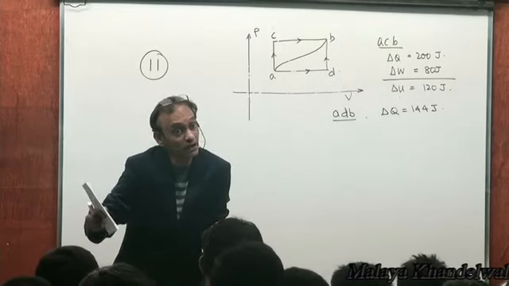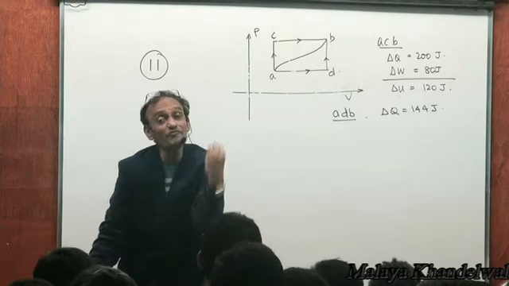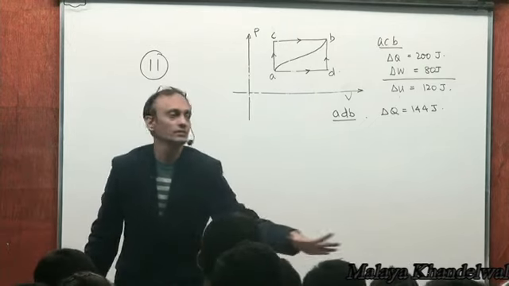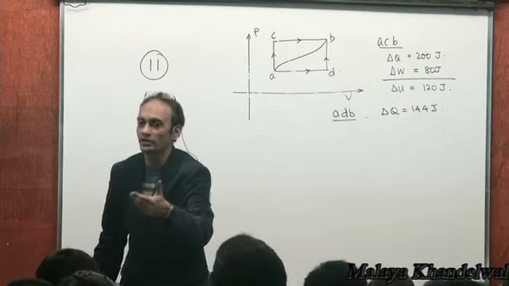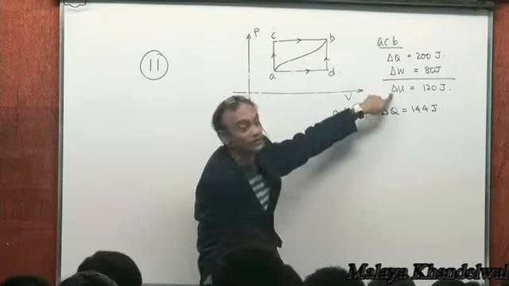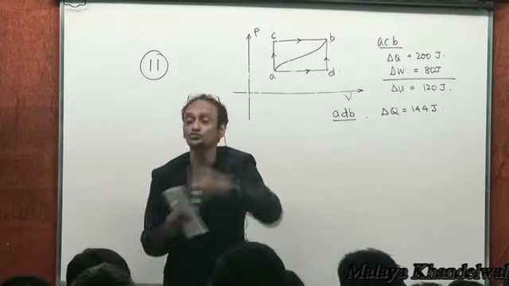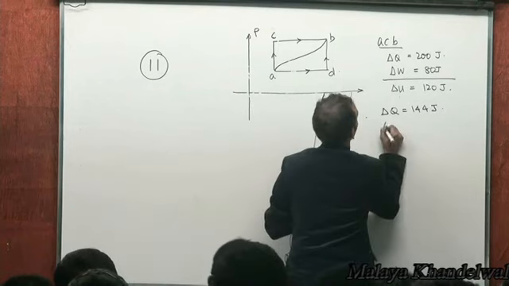It is going to be the same for all processes that lead you from that point to the final point, right? So if the change in internal energy along ACB is 120 joules, then along ADB it must also be 120 joules. It's path independent.